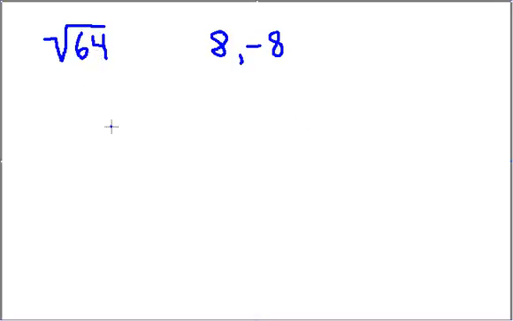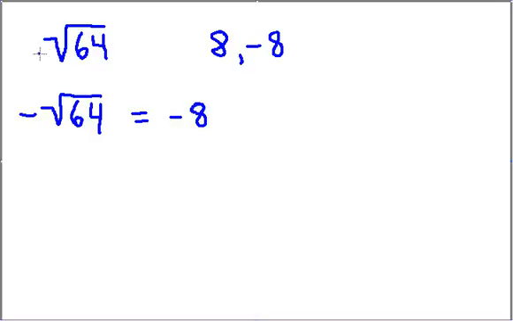In order to do that, mathematicians have come up with a method that says whenever you have a negative sign before a square root, what that means is give us the negative answer. So here we have a negative sign before our square root of 64. So what this is asking us for is give us the negative answer for the square root of 64. Well, that would be negative 8.